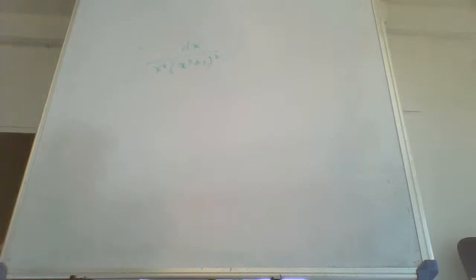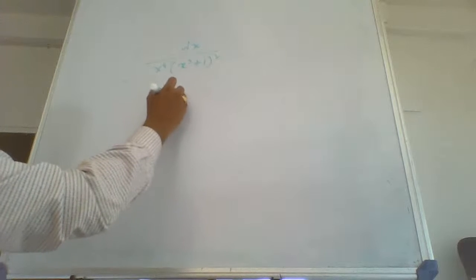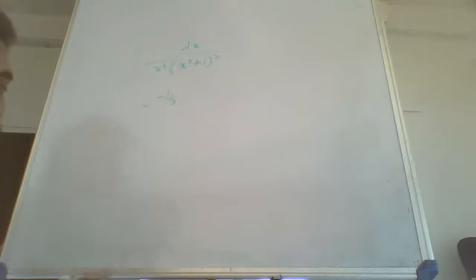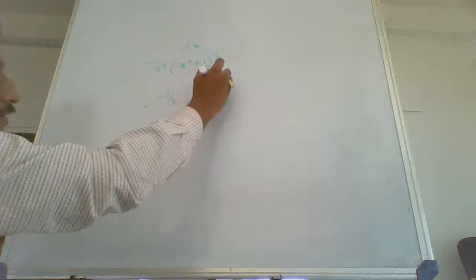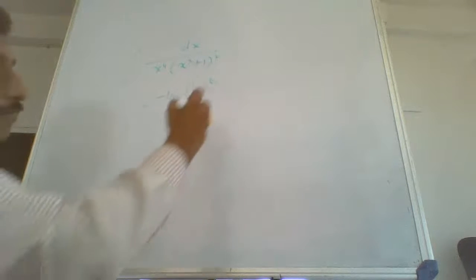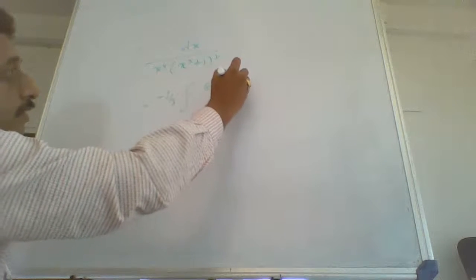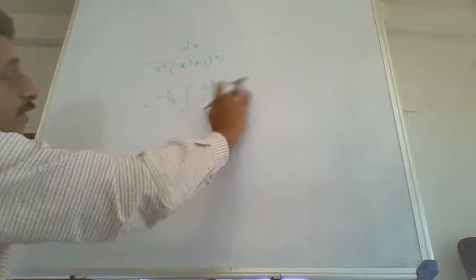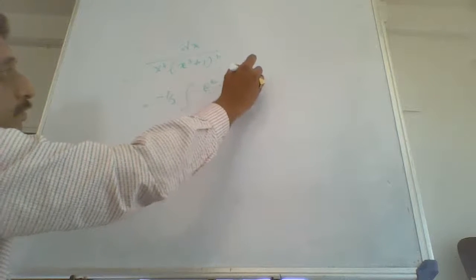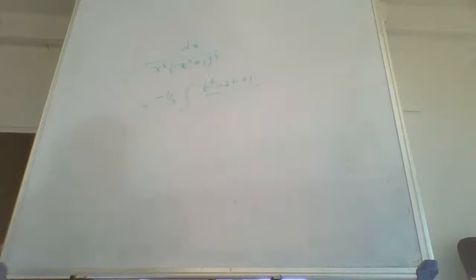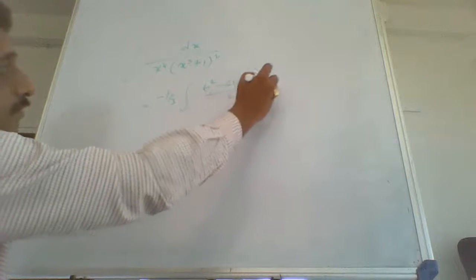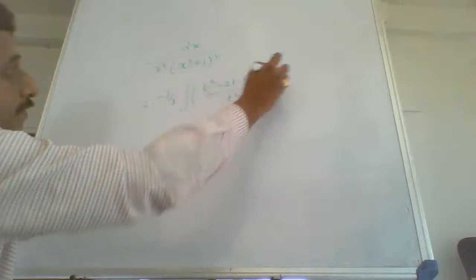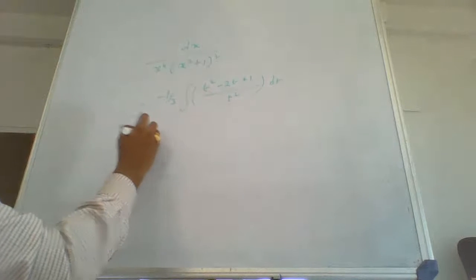Let me simplify it. I get minus 1 by 3 integral of (t square minus 2t plus 1) divided by t square into dt.